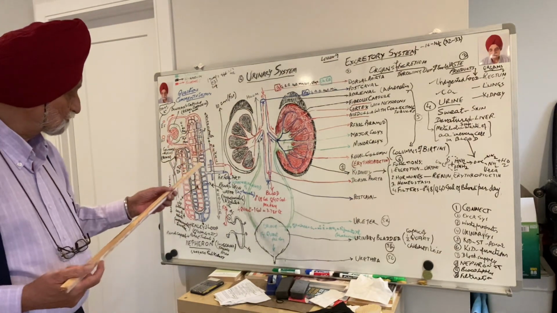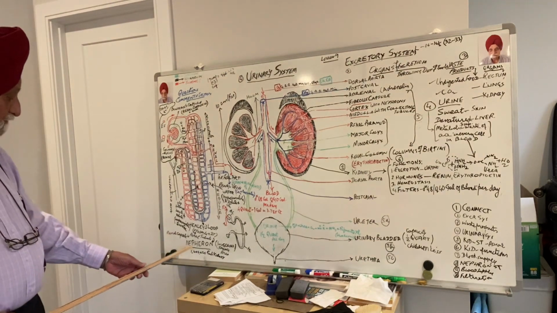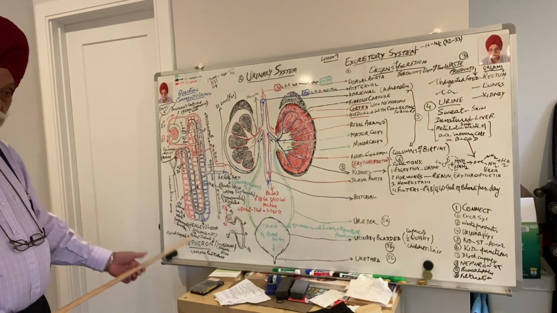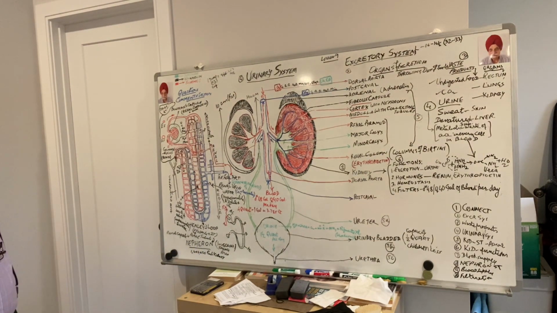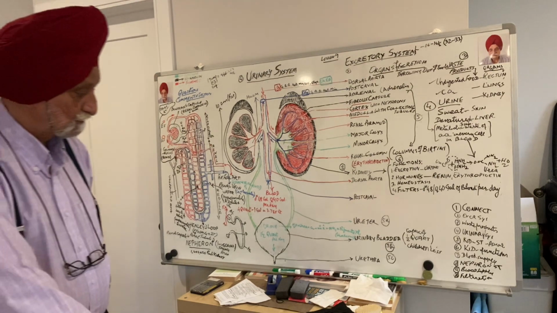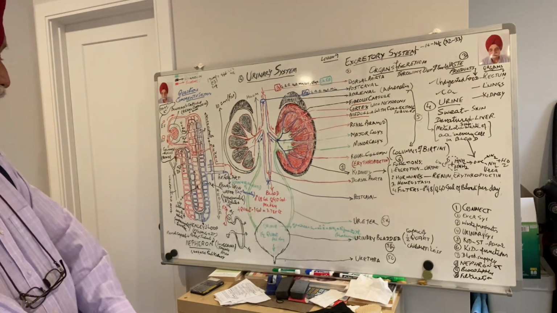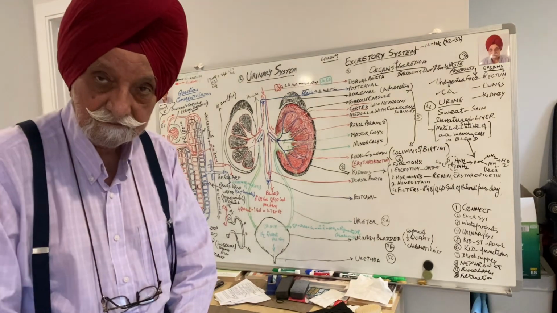Now these uriniferous tubules are also called nephrons. Nephrons is the other name for uriniferous tubules. That is the urinary system for today.